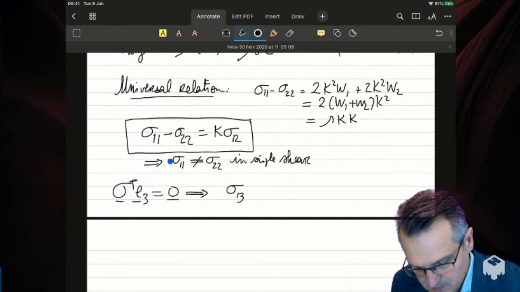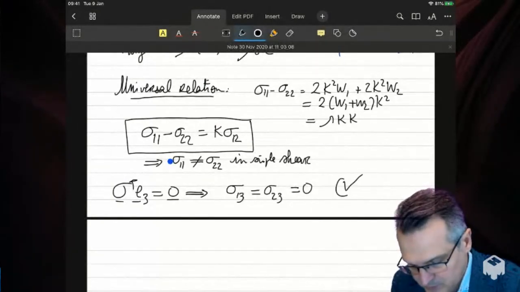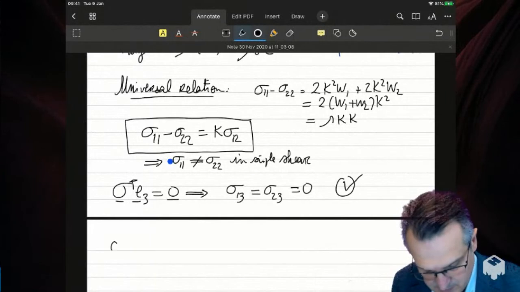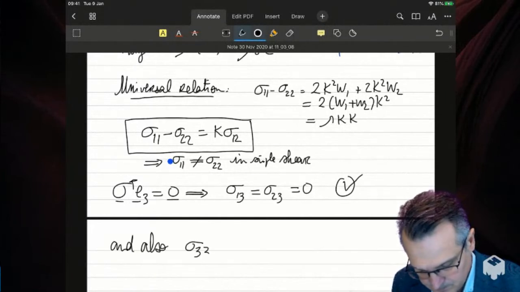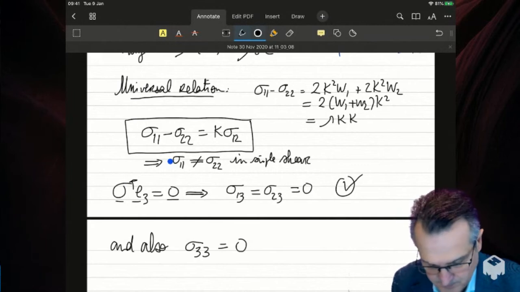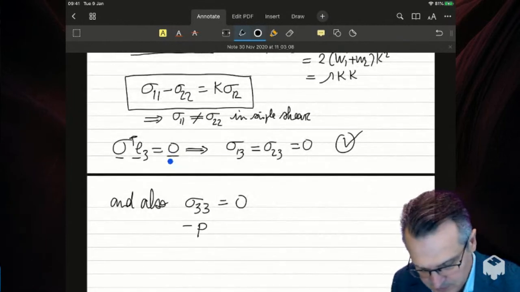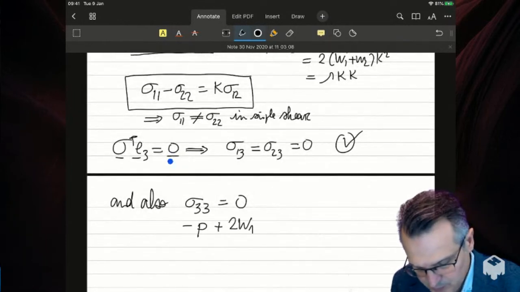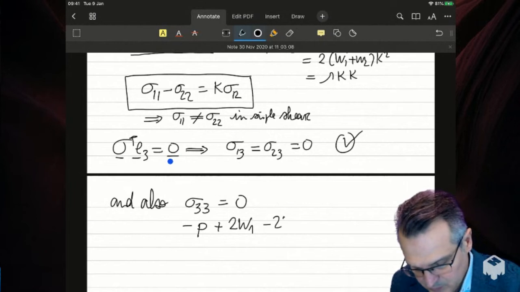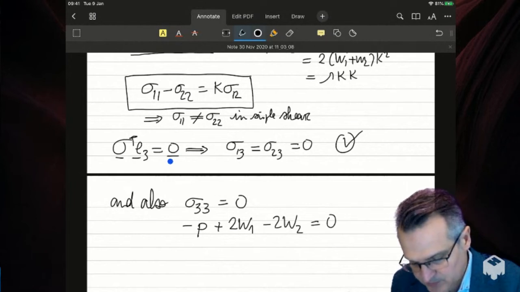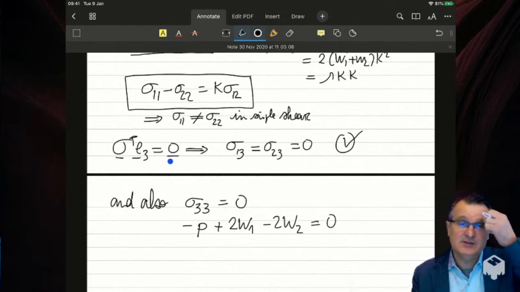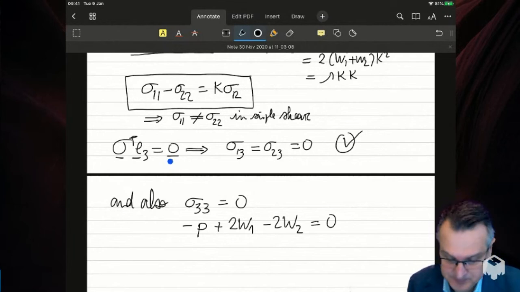And that's good. And also, that means that minus P plus 2W1 plus W2 must be 0. And so that's going to help me find P.